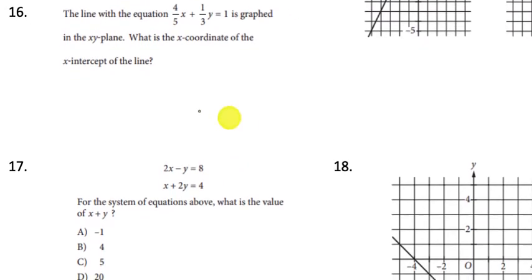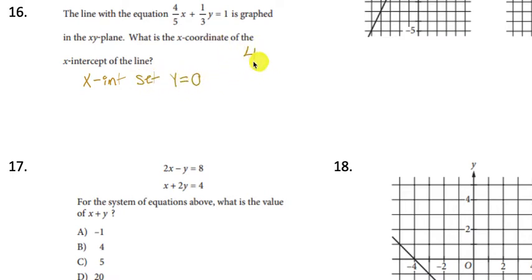Number 16. A line with the equation 4 over 5x plus 1 over 3y equals 1 is graphed in the xy plane. What is the x coordinate of the x-intercept? Whenever we're looking for the x-intercept, all we're doing is we're setting y equal to 0.